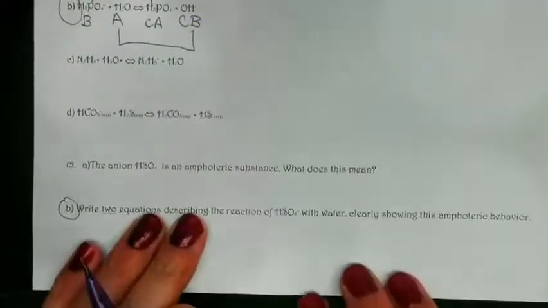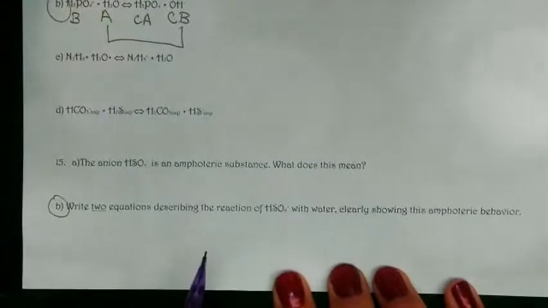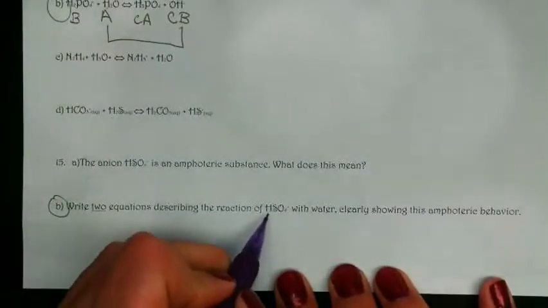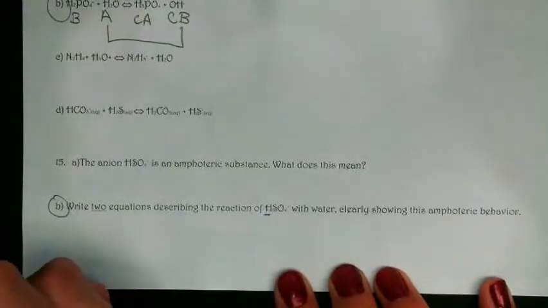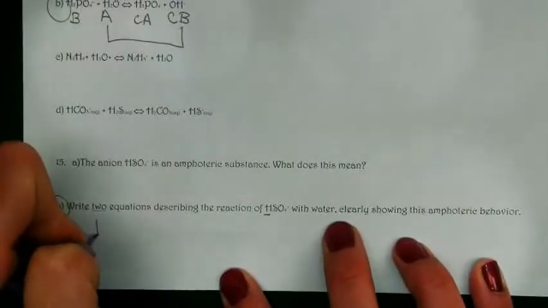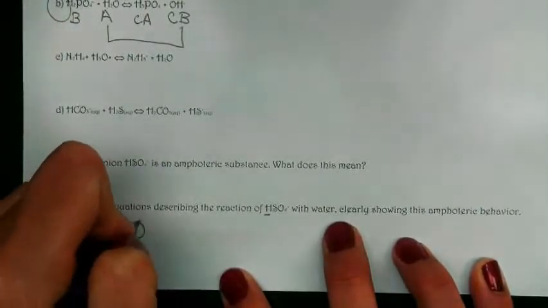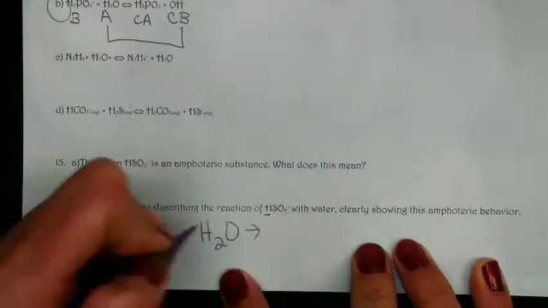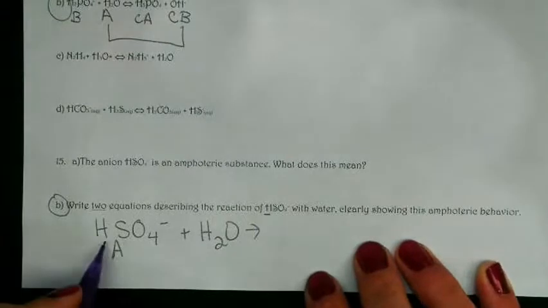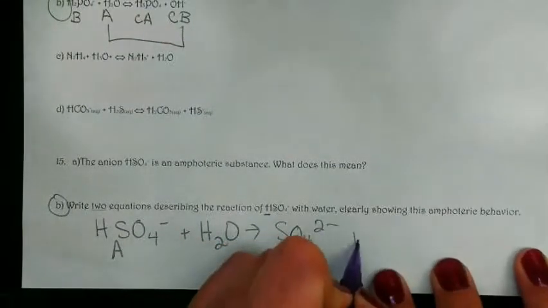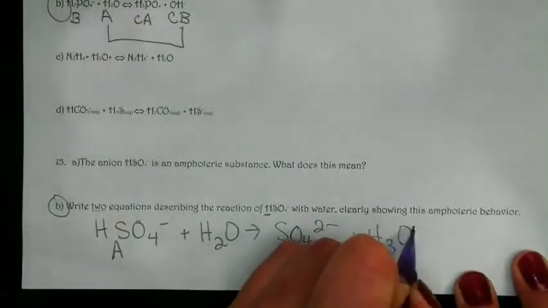And then on the last one, amphoteric means it can act as an acid or a base. So if it's going to do that, of course, it has to have a hydrogen in it. It can't be amphoteric if it does not have a hydrogen. So if I wanted to write it as an acid, it would be giving away the hydrogen. So then it would become SO4 2 minus, and then we would form H3O plus.